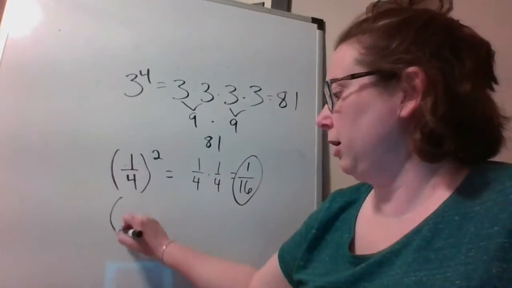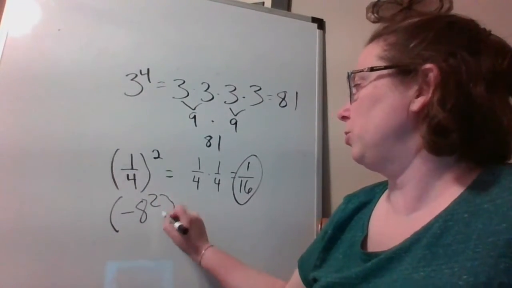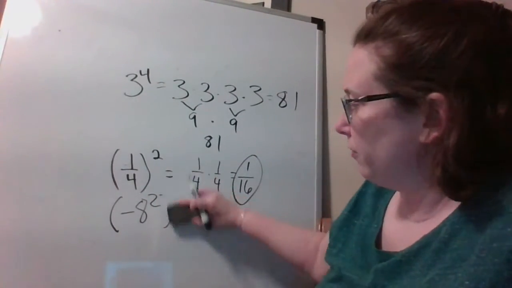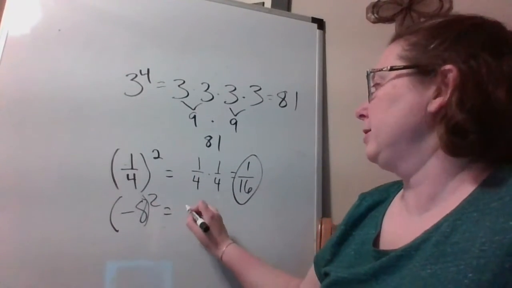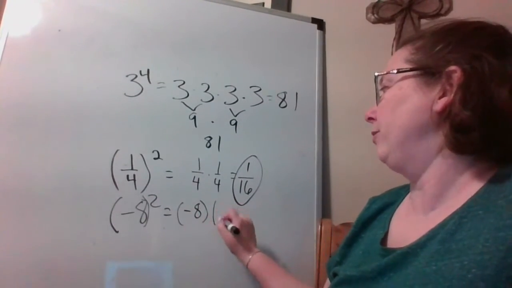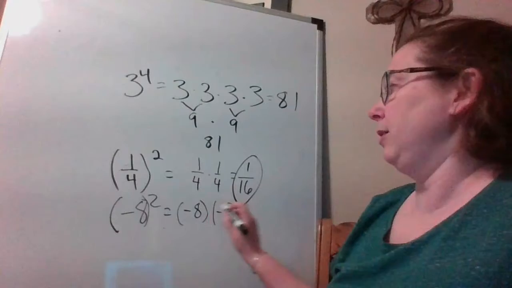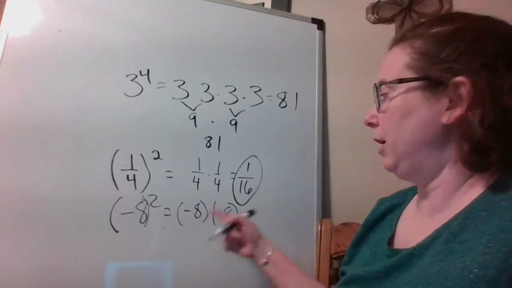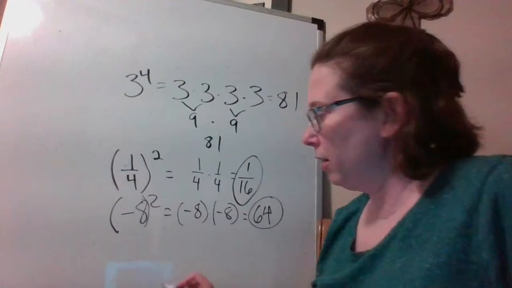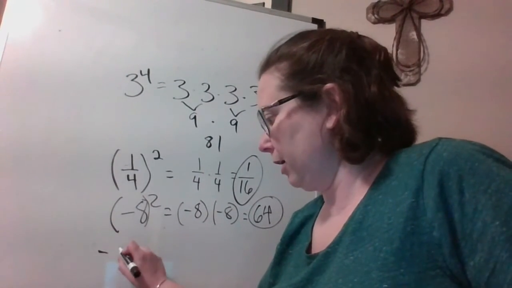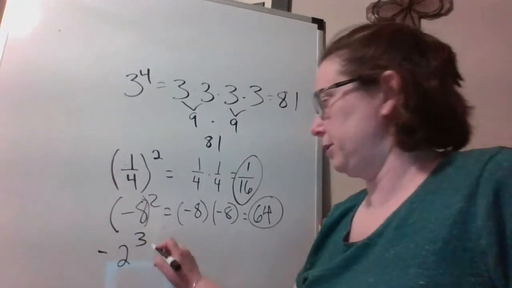Let's see, then we have -8 squared. The -8 is in parentheses, which means our base is -8, and we have 2 of them. Negative times a negative is positive. 8 times 8 is 64. So our answer there is 64. And finally, we have a negative number, but no parentheses.